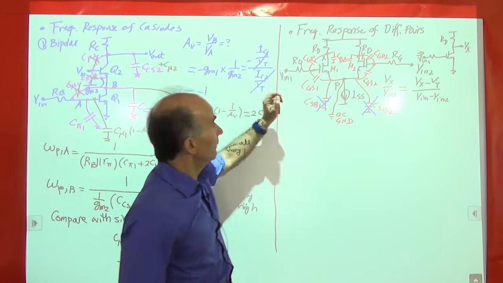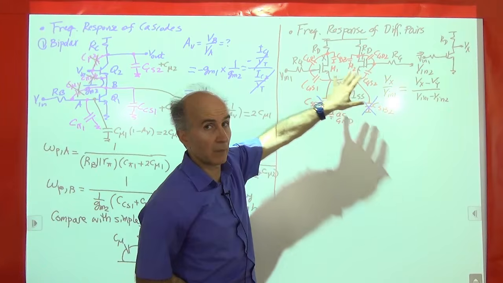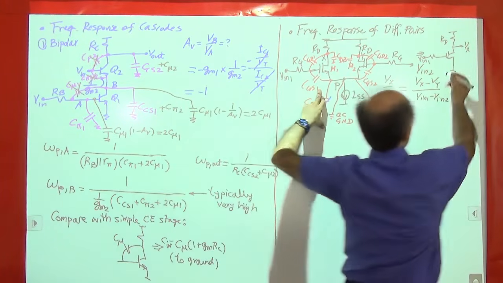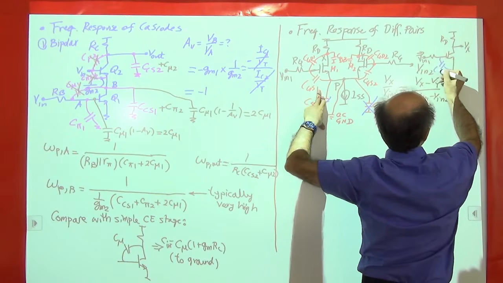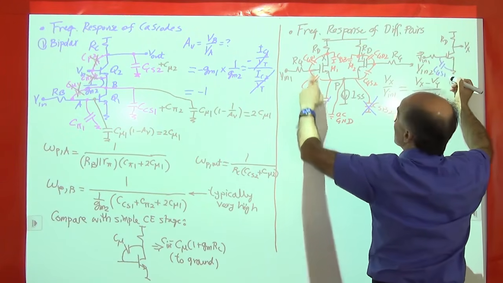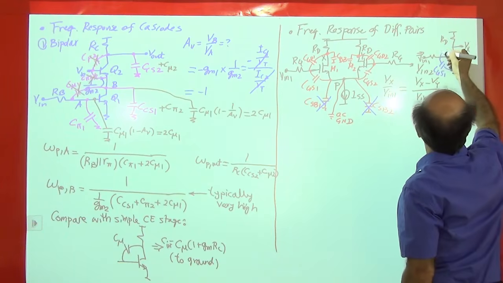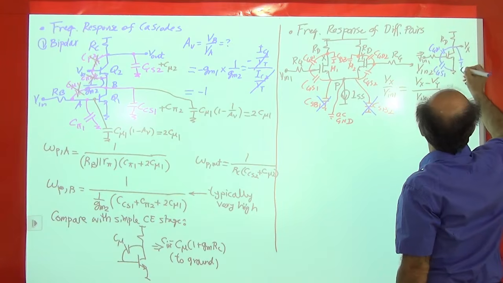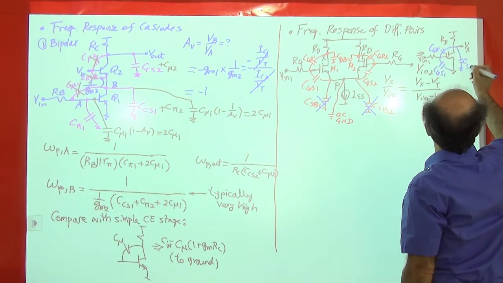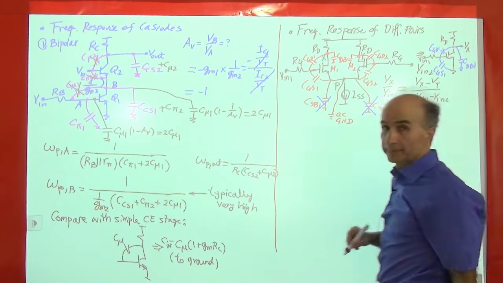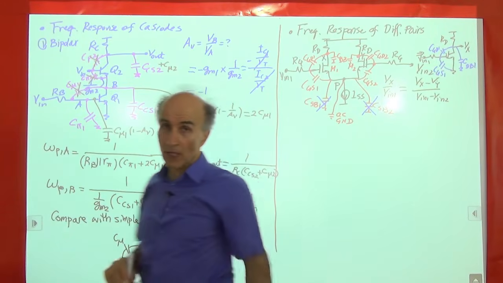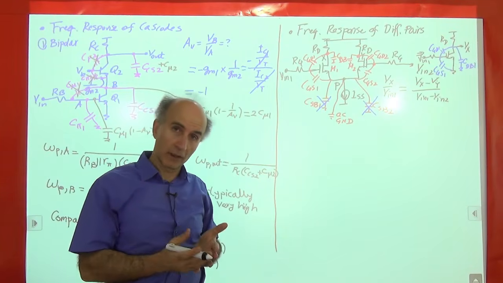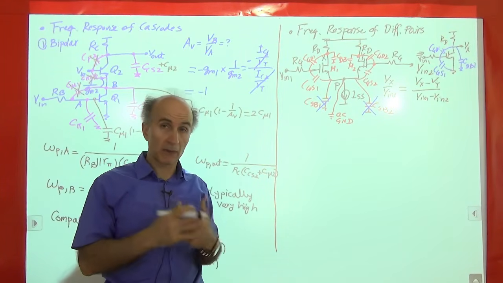And then now we go to the half circuit. Because this is AC ground, I can just consider half. In the half circuit, I have CGS1, then CGD1, and then CDB1. Does that circuit look familiar? Yes, that is the common source amplifier whose frequency response we calculated before.